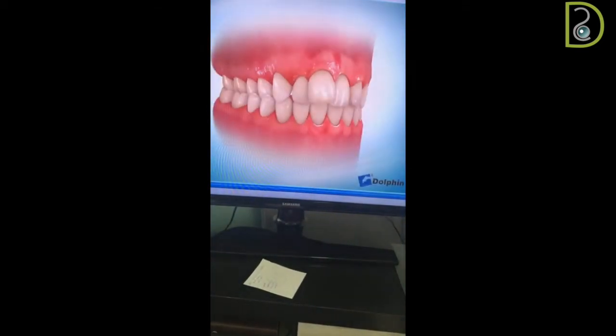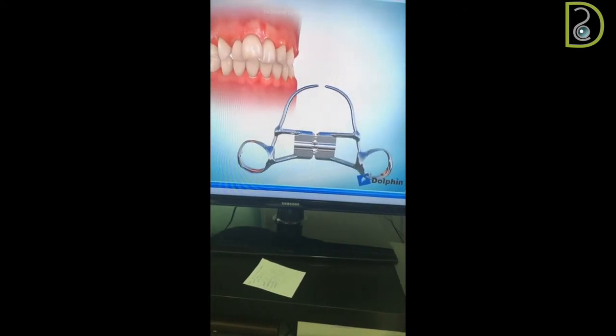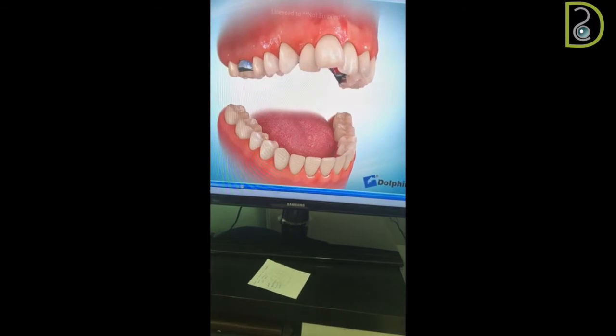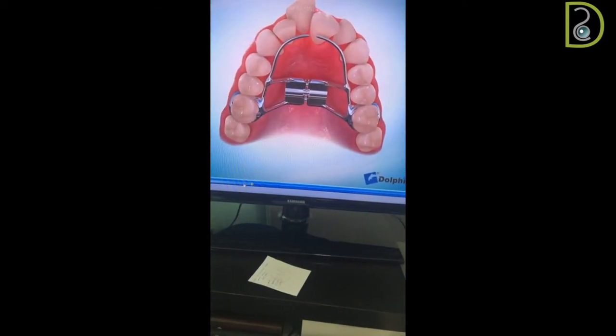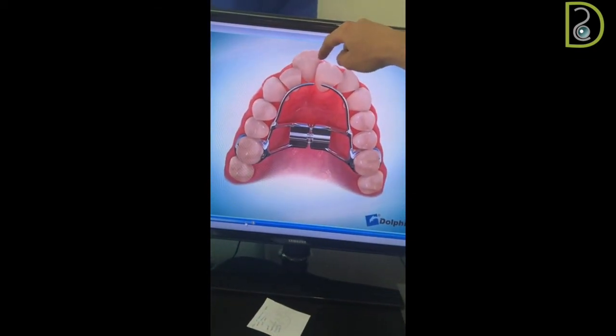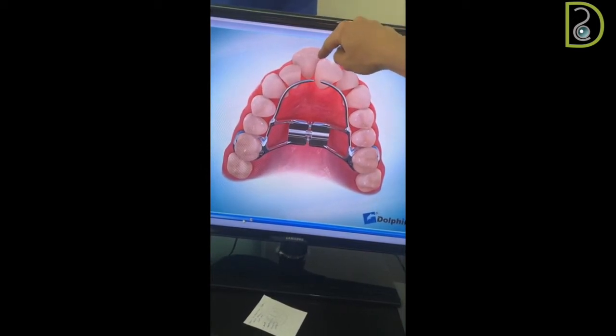Some patients, they come to me, they're adult cases, I want to expand, I cannot do it for them. So what I do, I cement the expander, and then I send them to the surgeon. Now what will the surgeon do? He will go from here, and he will drill.